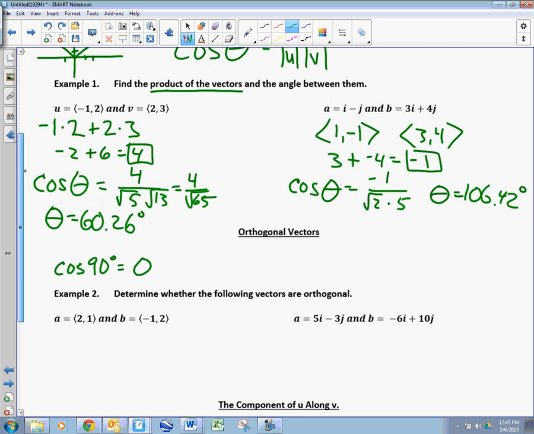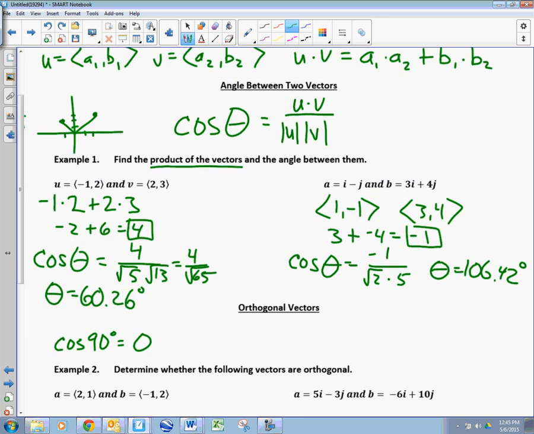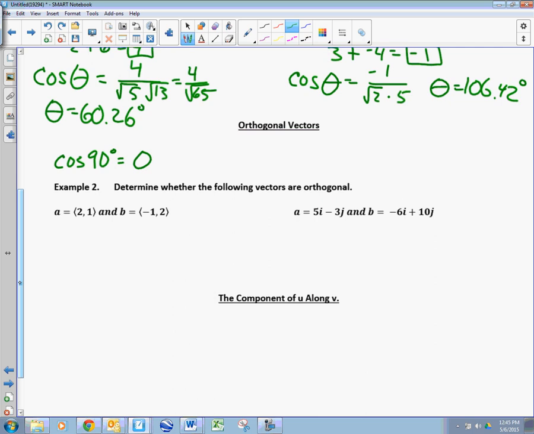If we look back at our formula, cosine of theta equals u times v over magnitude of u times magnitude of v, would that mean that the top is 0 or the bottom is 0? The top is 0. So all we have to do is this. Orthogonal vectors, if you take u times v and you get 0, they are perpendicular.